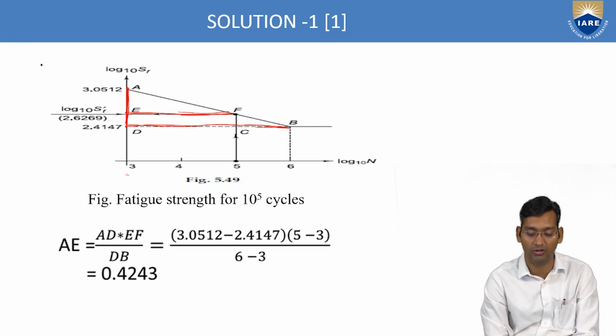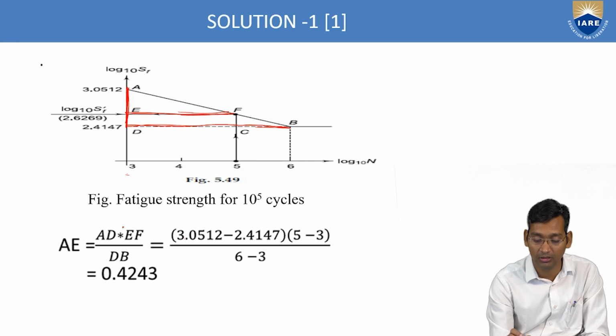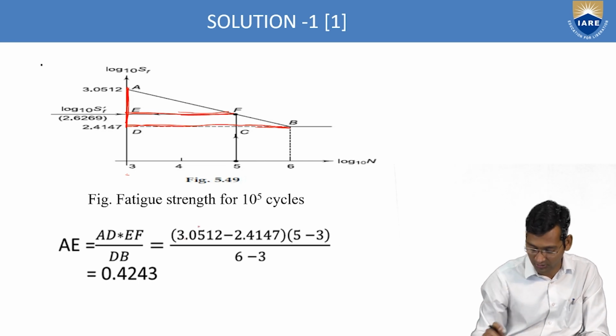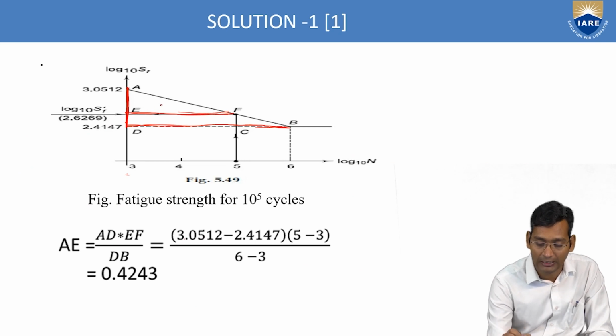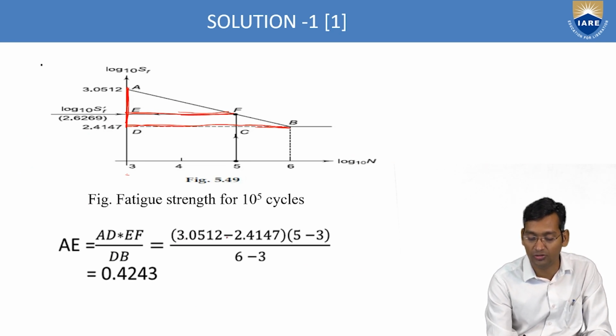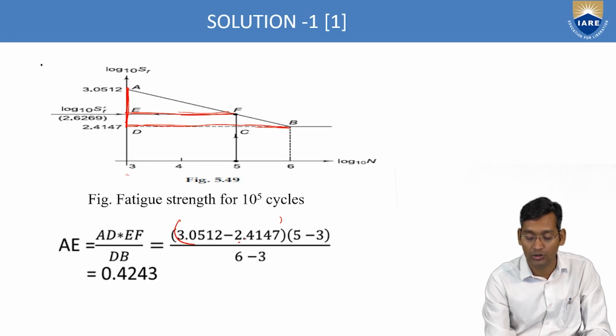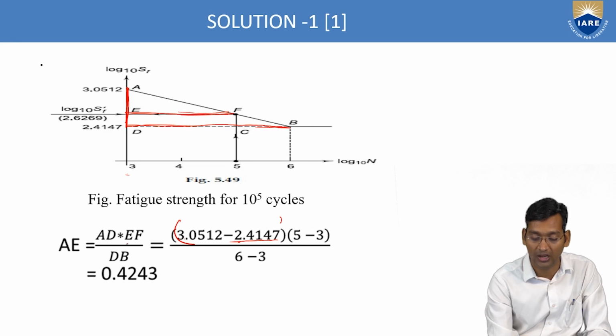So just put the values. AD will be what? We found the total right here. This is the value of AD, 3.0512 minus 2.4147. That is the AD into the EF value.